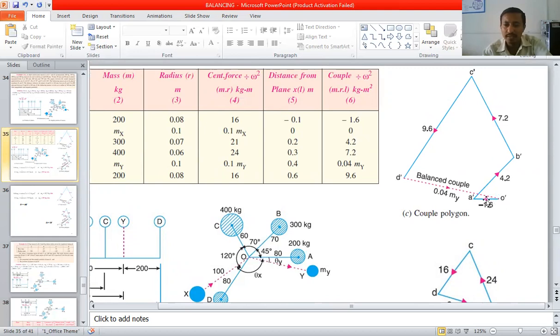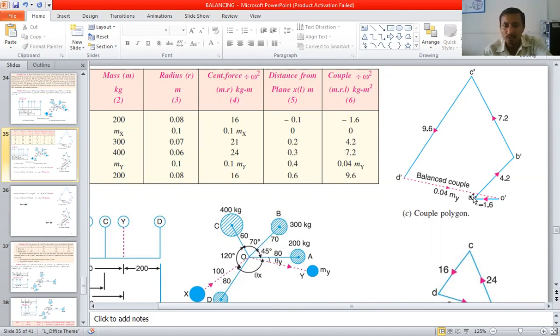The line of action of this line is similar to that of mass A. It is towards the left because it is a minus. So minus 1.6. You can take a suitable scale, suppose 1 kg meter square is equal to 1 centimeter.